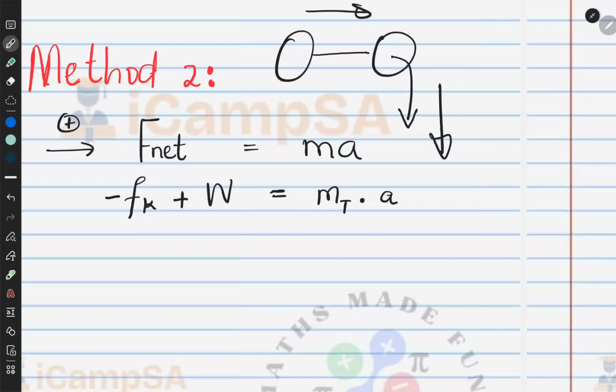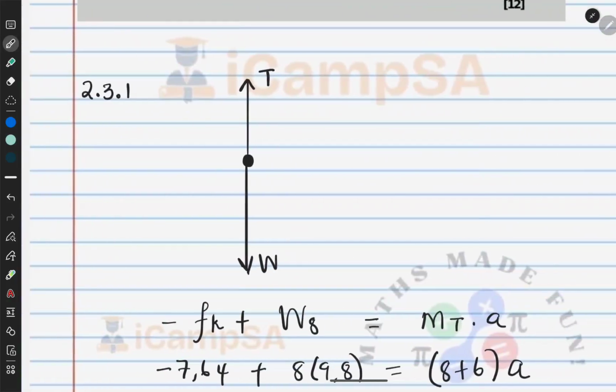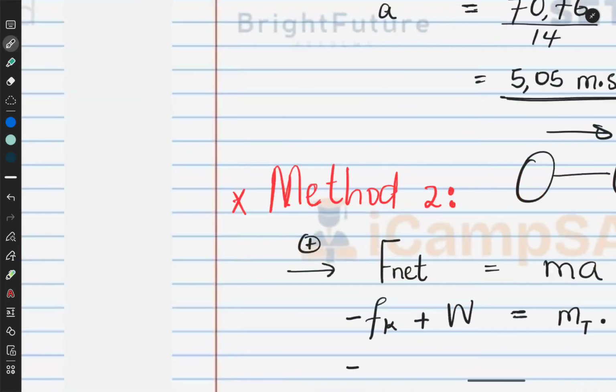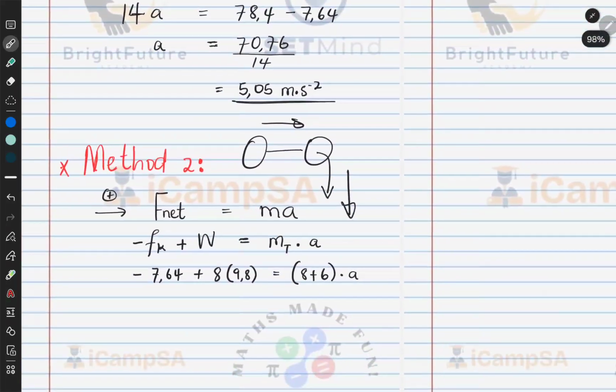So now we substitute: minus 7.64, plus the weight of the 8 kilogram block, which is the main driving force causing the system to move, 9.8, is equal to the overall mass of the system, 8 plus 6, times A.